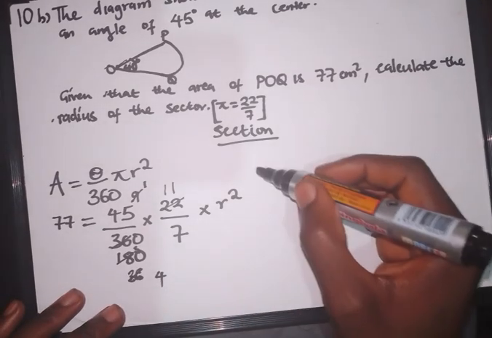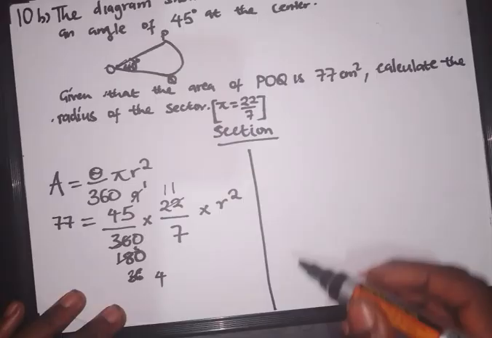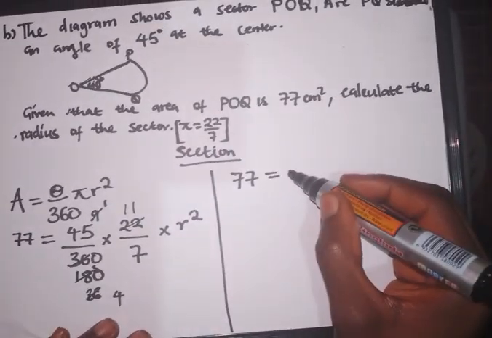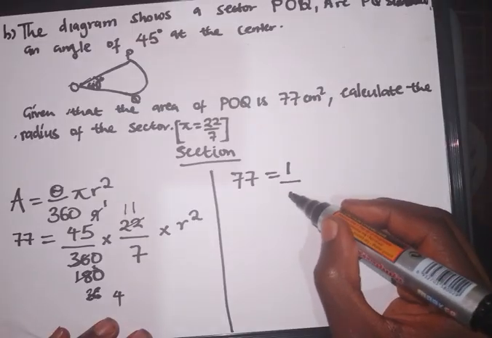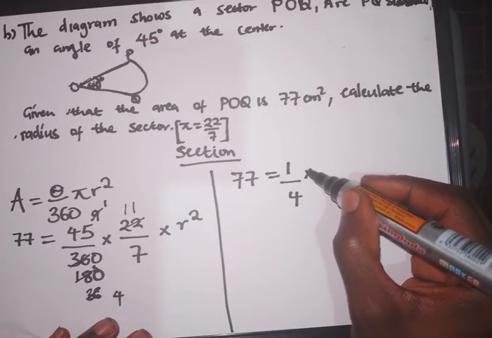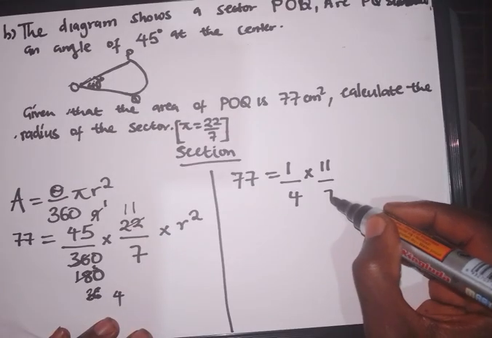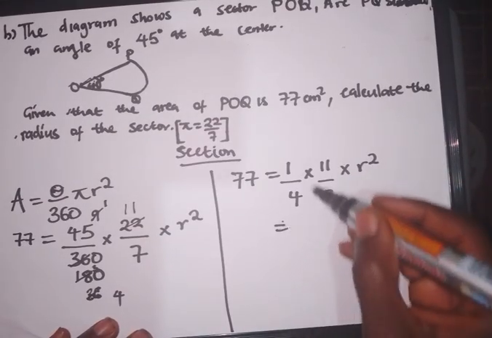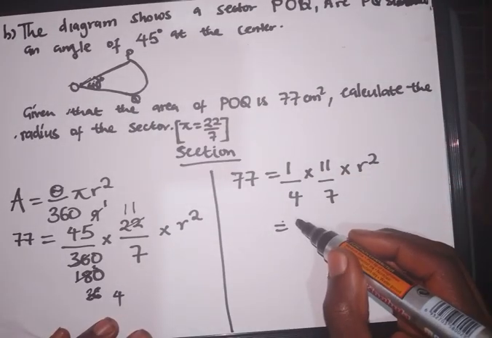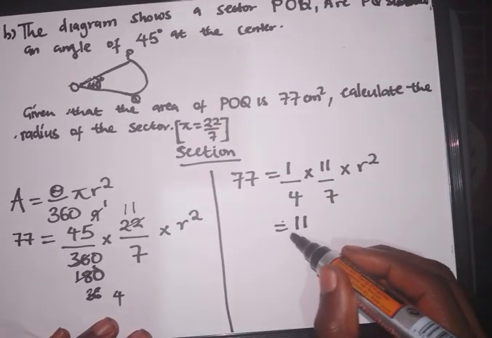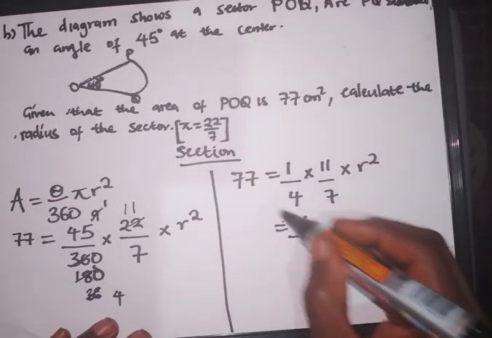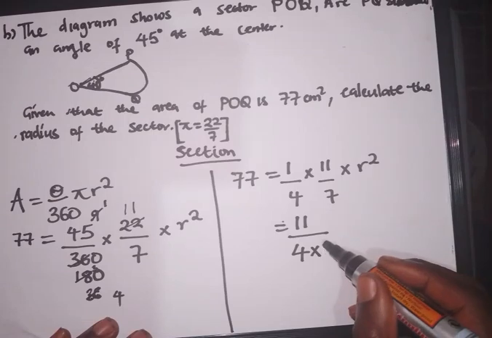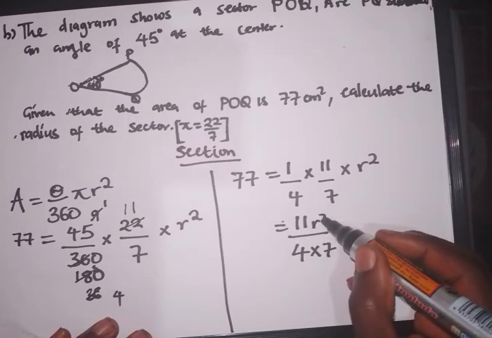So basically we have simplified our equation. Now we have 77 is equal to 1 over 4 multiplied by 11 over 7 times r squared. Now you can multiply what is on top to have 11, and again do not multiply what's down, just write 4 times 7, then r squared.